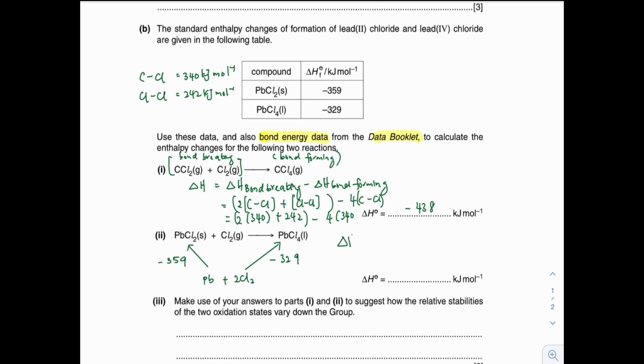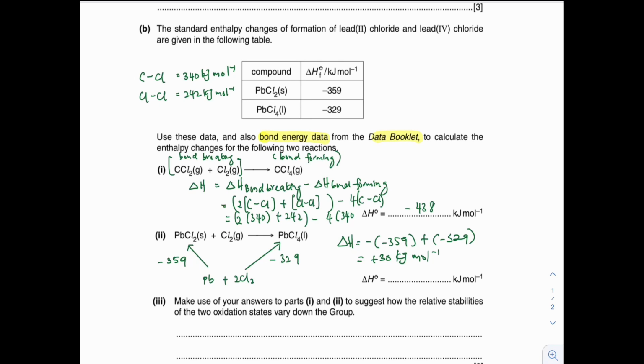So if you want to calculate the enthalpy change for this value over here, it will be negative this value, meaning -359, and this arrow is a positive arrow, so it will be positive, -329, and your answer is going to be positive 30 kilojoule per mole.